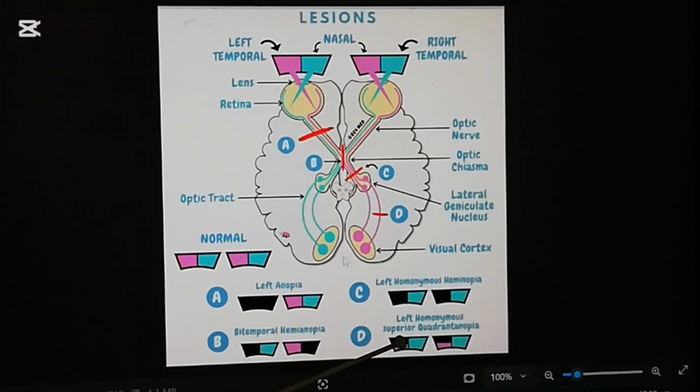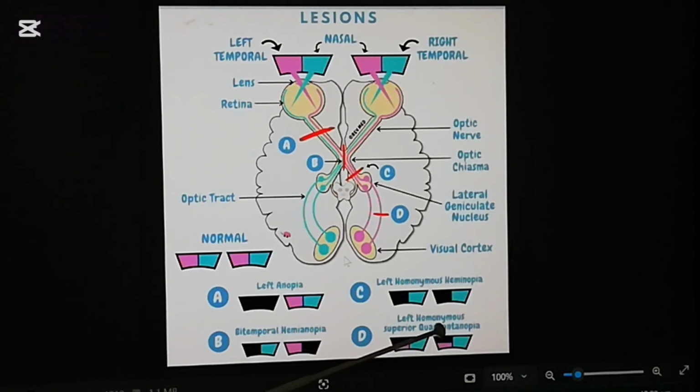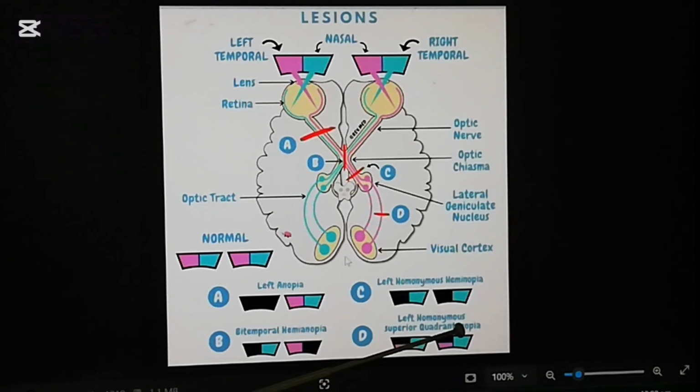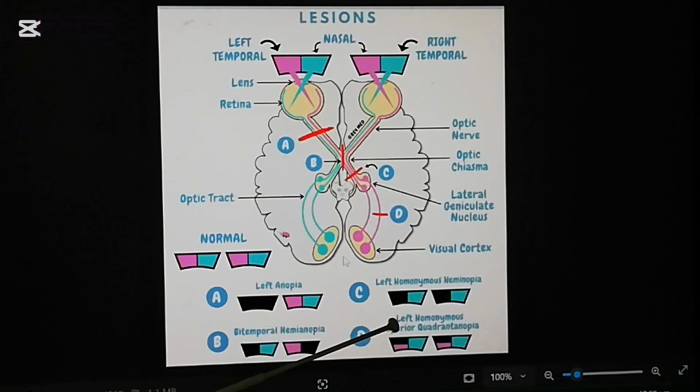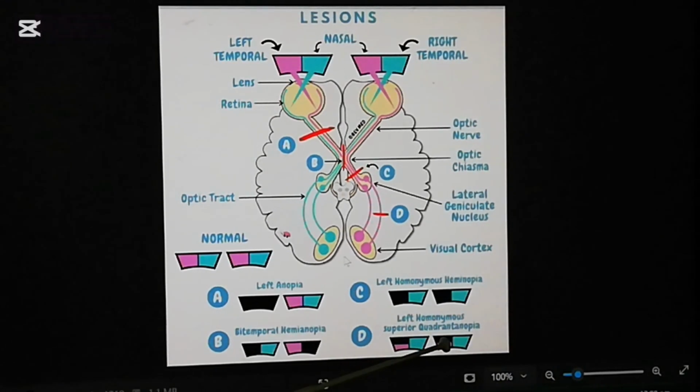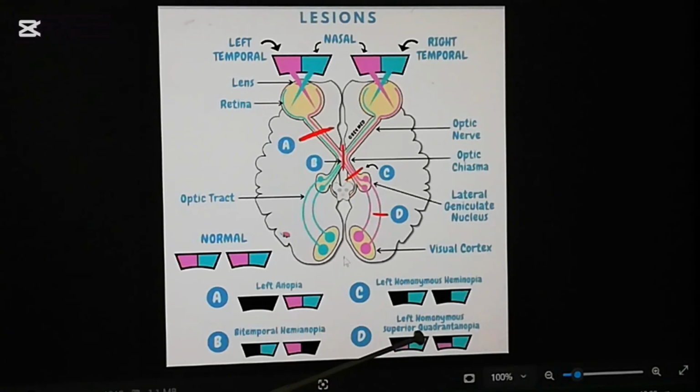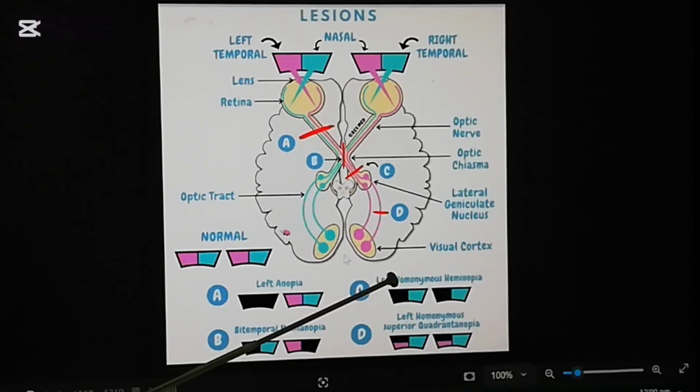As one quarter of the visual field is lost, we label it quadrantopia. So read it as left homonymous superior quadrantopia. As you can see in the picture, by dividing the field into four equal parts, only the quadrant on both similar sides is lost.